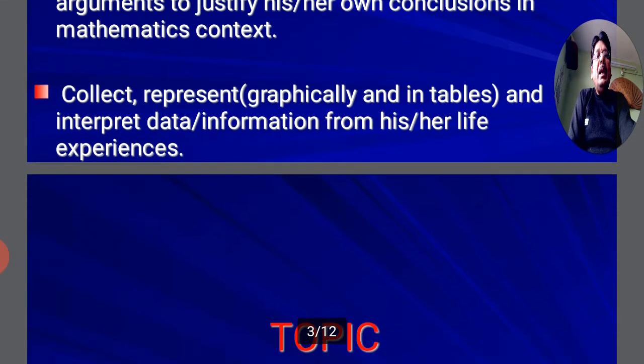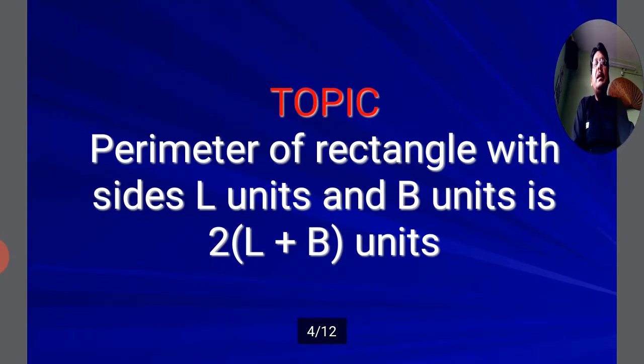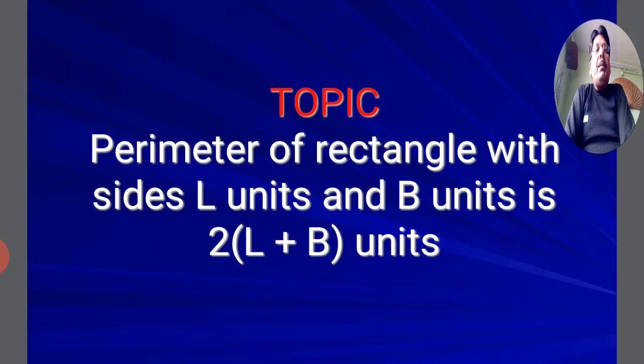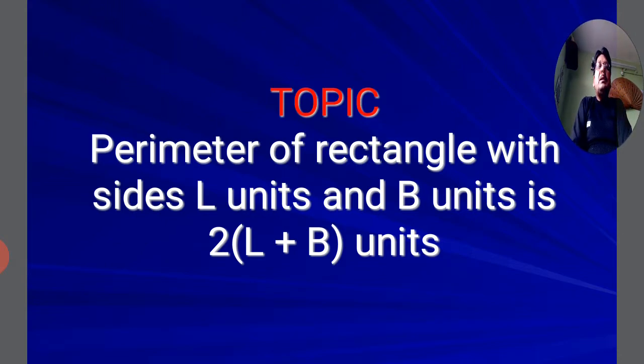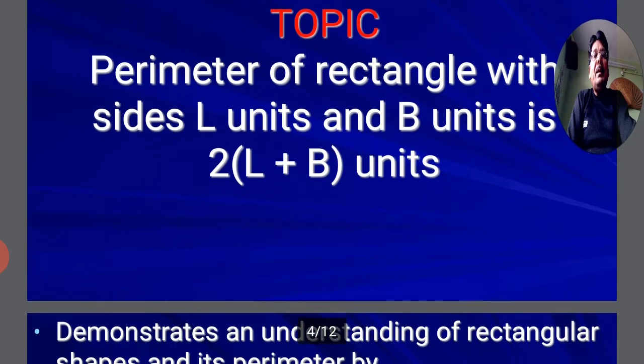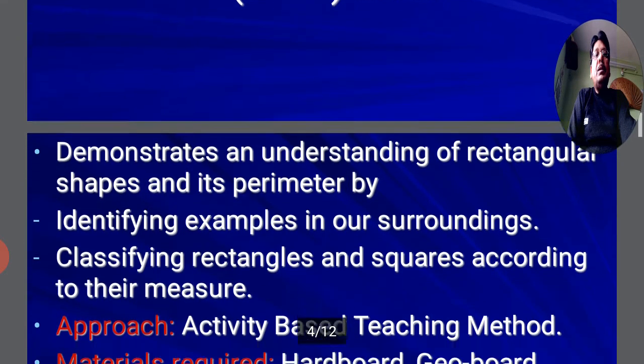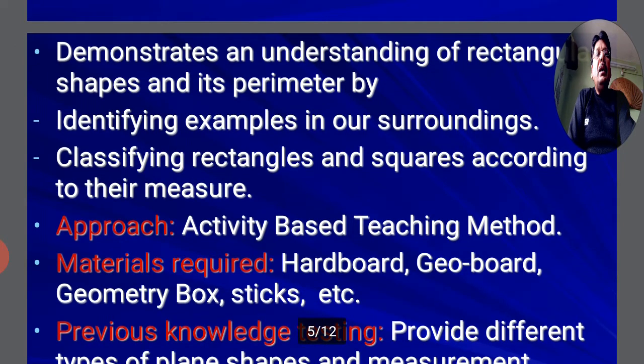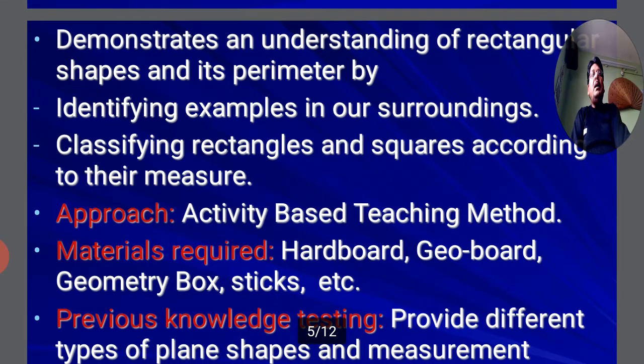Okay, friends. Now my topic is from class 7: the perimeter of a rectangle with sides L units and B units is equal to 2(L + B) units. So friends, these are my curriculum expectations.